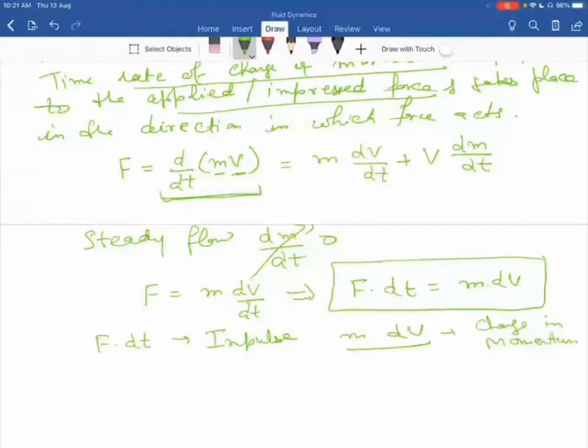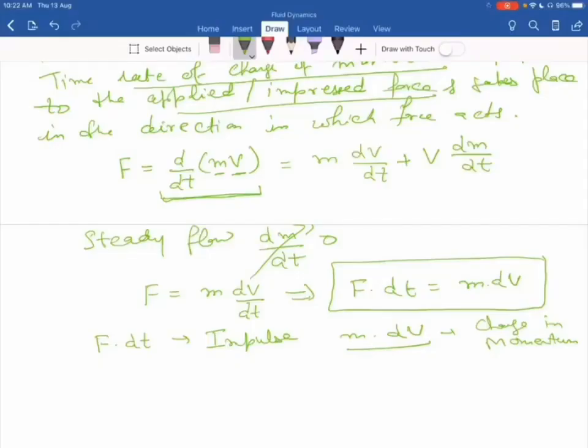Impulse means the applied force in a short period of time, or in a unit time. So impulse is equal to the change in momentum. This is the impulse momentum equation.